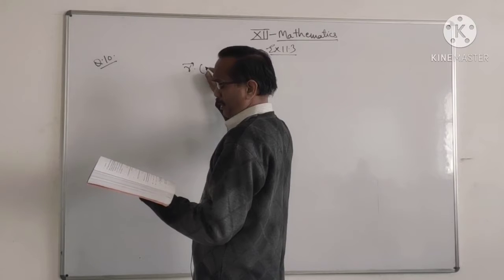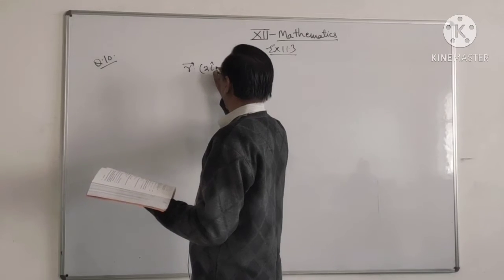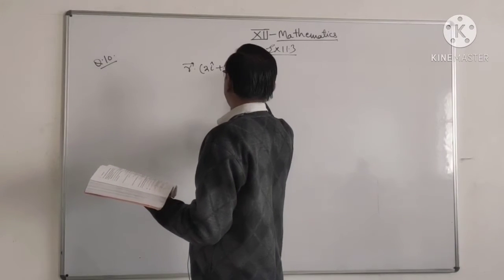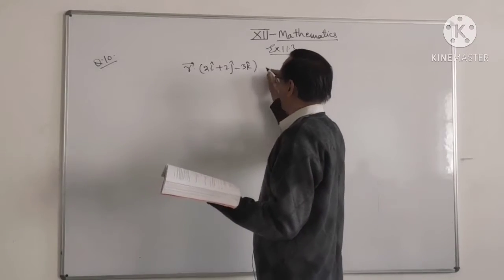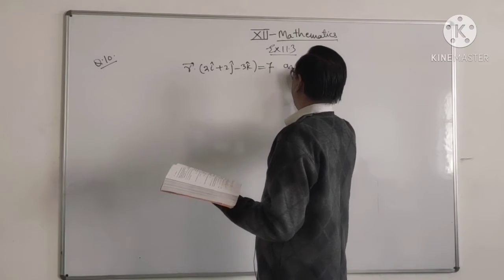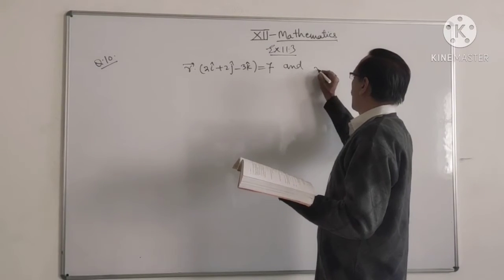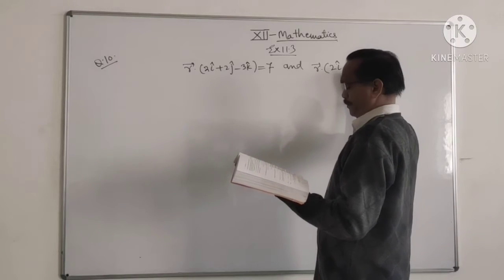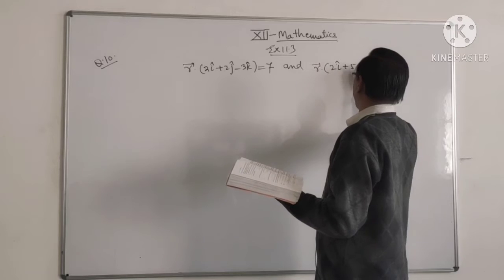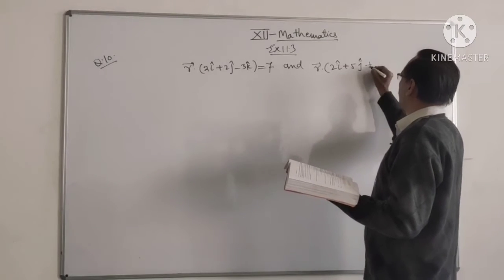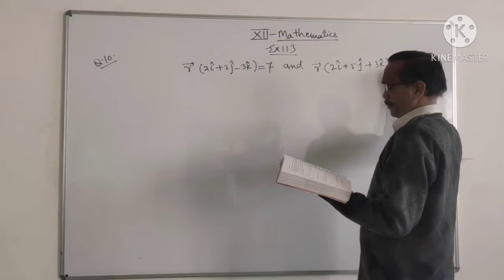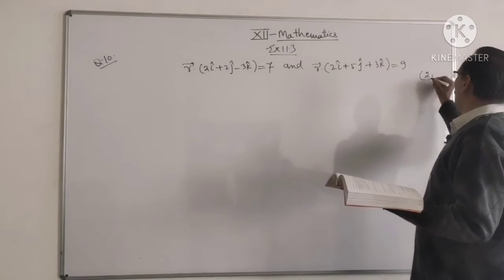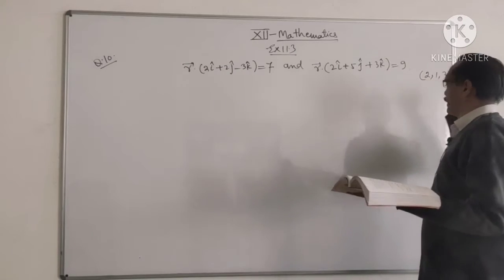R dot 2i cap plus 2j cap minus 3k cap equal to 7 and R vector dot 2i cap plus 5j cap plus 3k cap equal to 9 through the point 2, 1, 3.